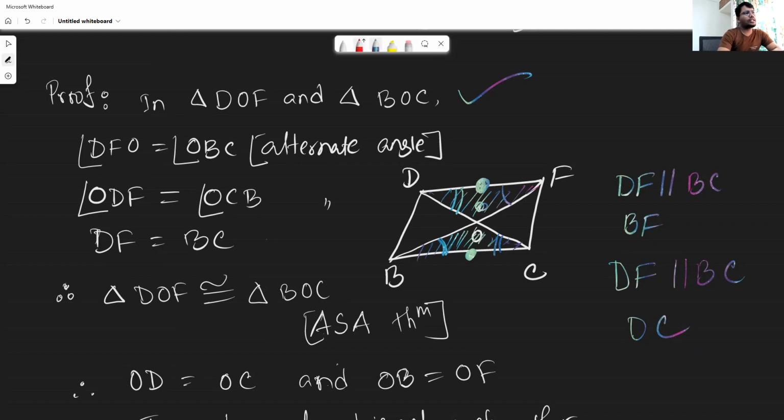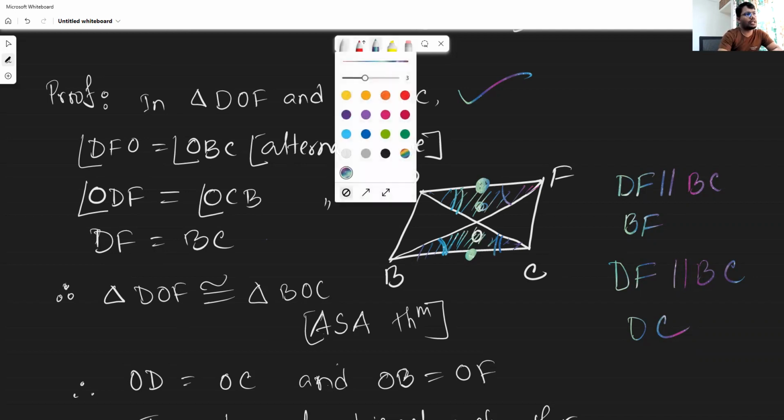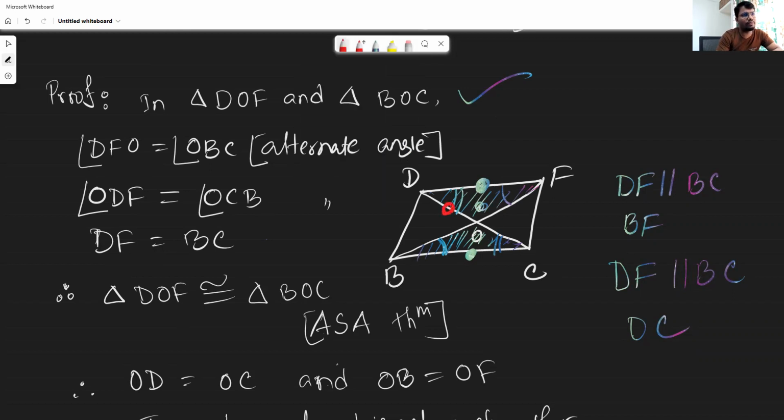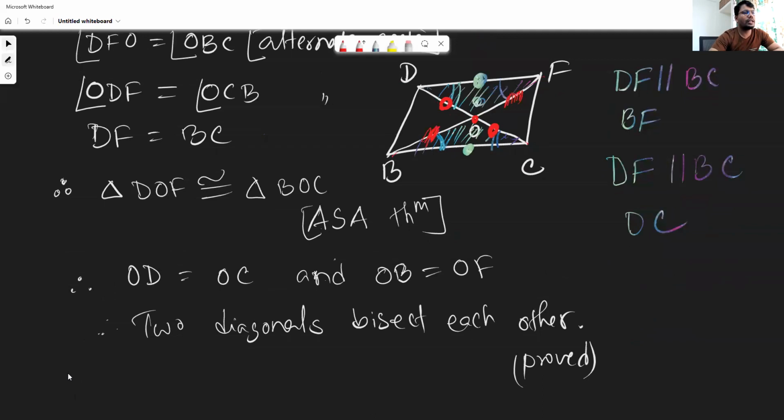When these two triangles are congruent, easily we can say that all corresponding sides must be the same. So this side must be the same as this side, and this side must be the same as this side. That means O is the midpoint of BF and CD. So definitely we can say that the two diagonals bisect each other.